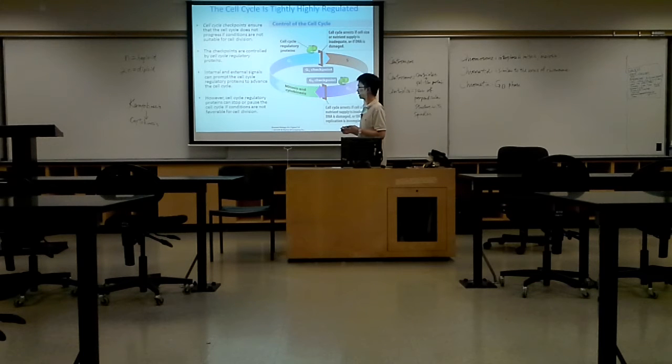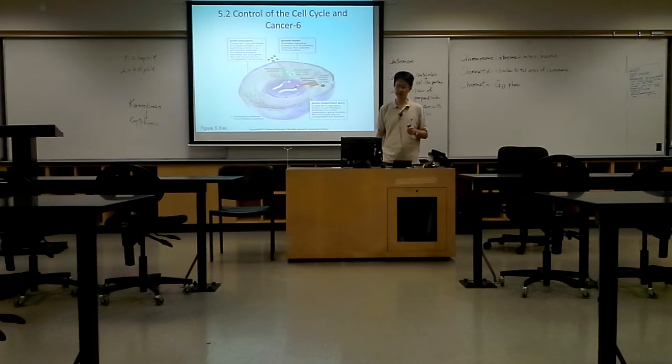So we'll talk about some genes that control the cell cycle. We have something called proto-oncogene, and we have tumor suppressor gene. As the name suggests, proto means primitive or primary.